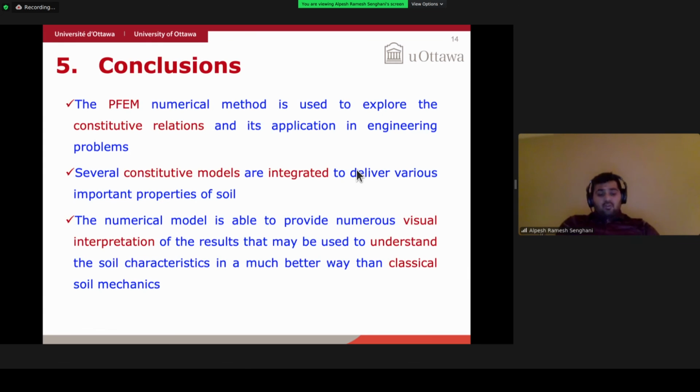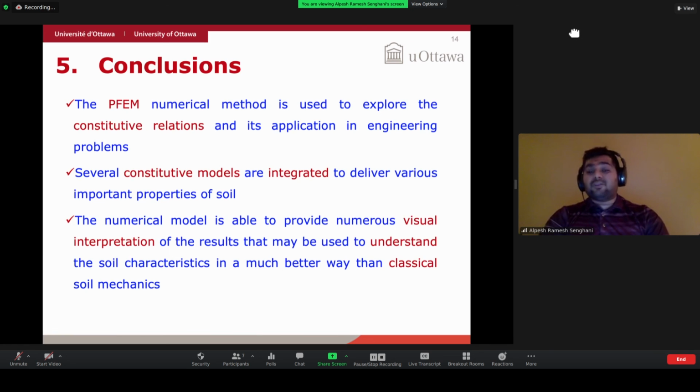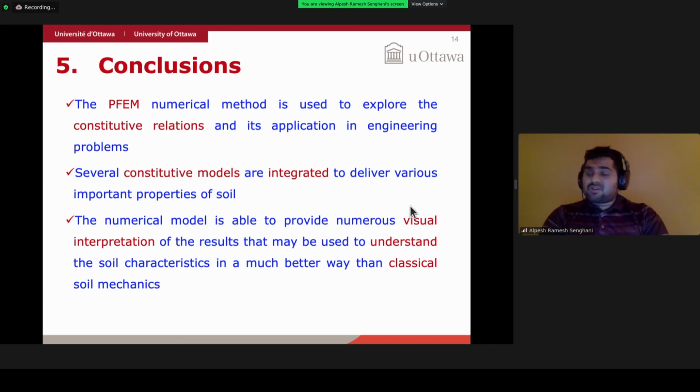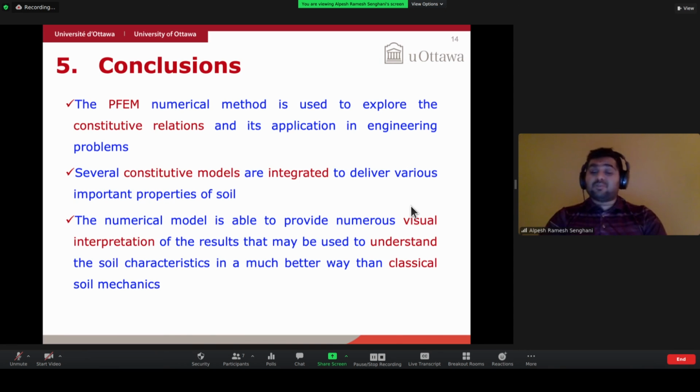So basically, to conclude the presentation, we were able to learn about the PFEM numerical method, which is used to explore the constitutive relation and its application in engineering problems. Several constitutive models are integrated to deliver various important properties of soil.